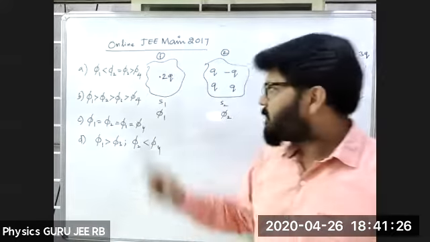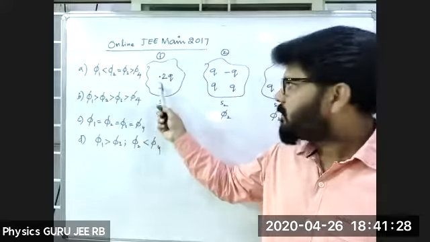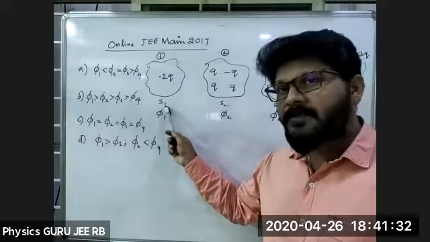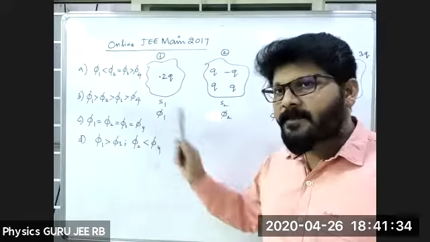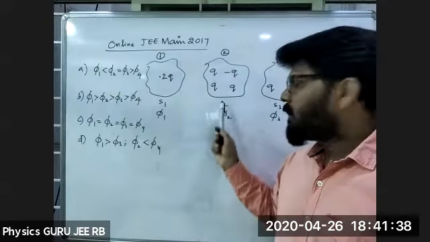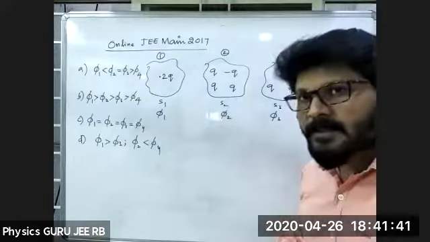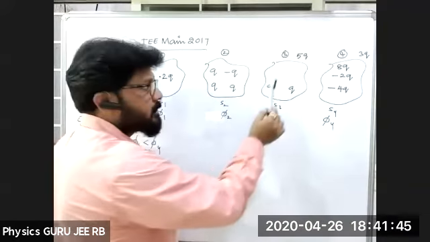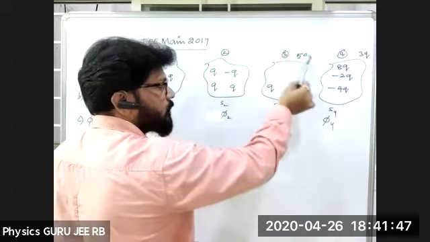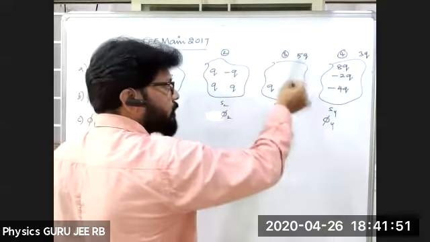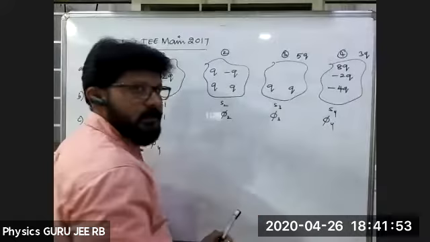For the first surface, 2Q is inside, and with surface S1 the flux linked is phi 1. Second, if I take Q and minus Q inside, and S2 is the surface, phi 2 is the flux linked with it. In the third surface, Q and Q are inside, and Q is outside.